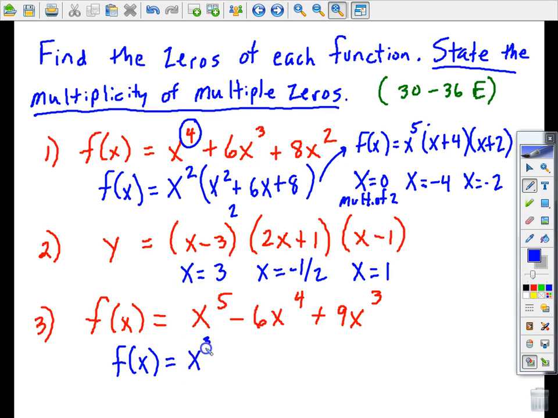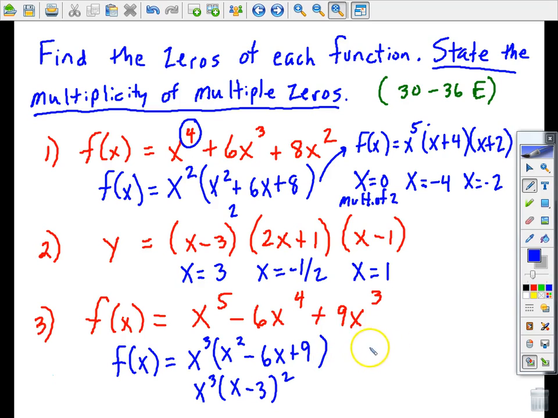X cubed, and that would give you x squared minus 6x plus 9. Okay, and can we go any further? X minus 3 times x minus 3.